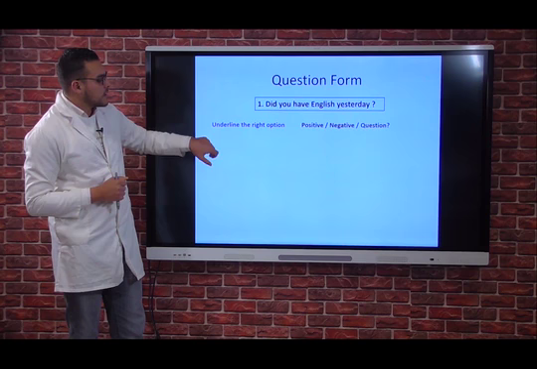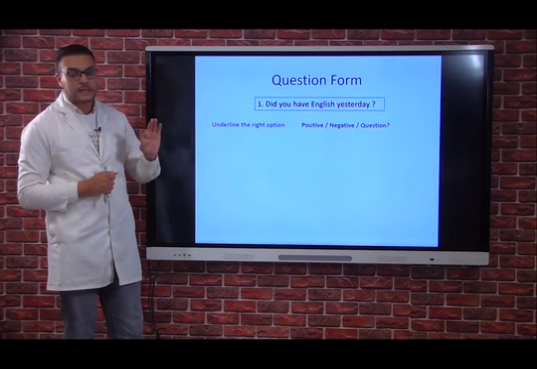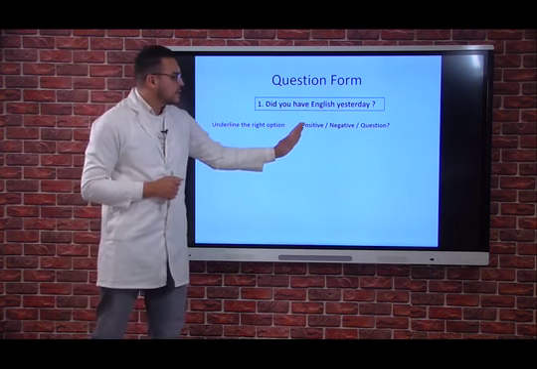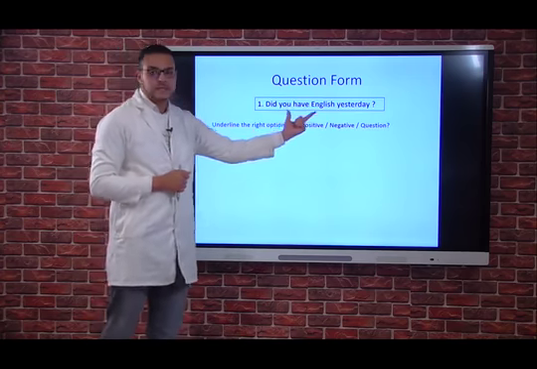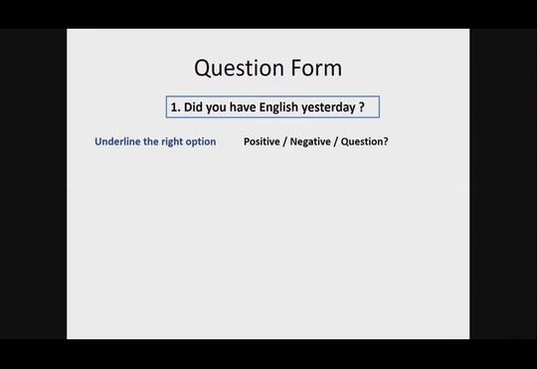Let's underline the correct option. Positive, negative, or question. What is the type of sentence? Of course, it's a question. It carries the question mark, and we say, question, did you?